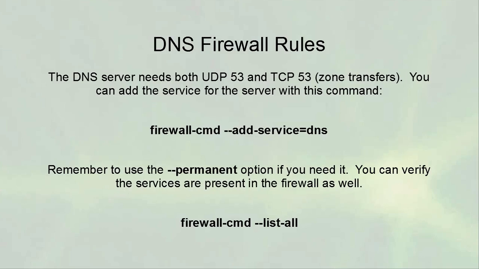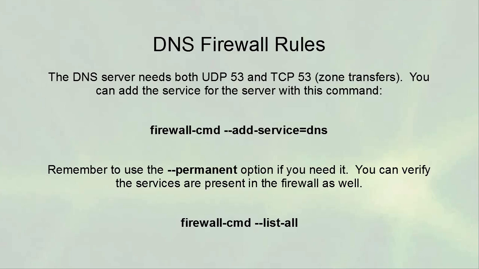In order to really make DNS available, the DNS server needs to be able to receive data through the firewall. You need both UDP and TCP/53. TCP/53 is only necessary if you're doing zone transfers, but normally DNS servers should be able to do zone transfers. So you'd want to indicate who can do zone transfers. You can add the service for the server with the command firewall-cmd --add-service=dns, and that will add in the service so that DNS can get through the firewall.